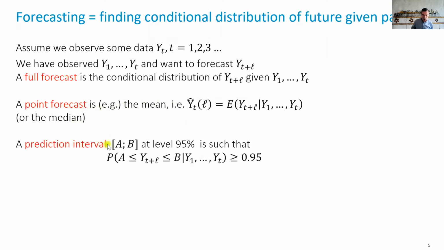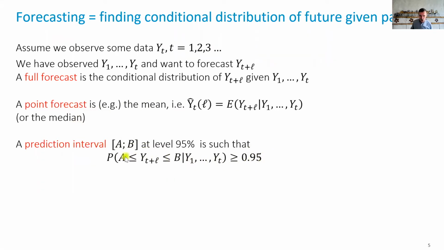And the prediction interval is an interval AB that is computed at time t, depends on the values y1 to yt, and is such that the conditional probability that the future is between those two levels, assuming that here y is just a single number, is larger than some threshold, close to 1. Very often 95%, but this can vary depending on the field.